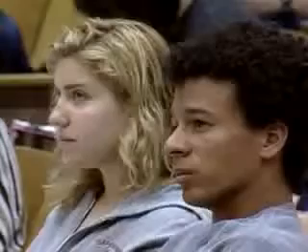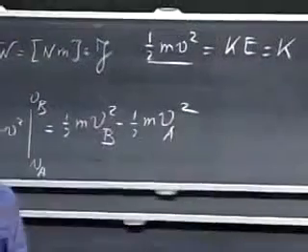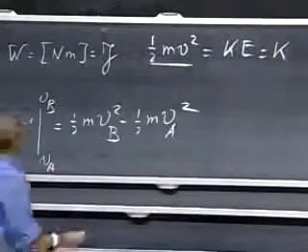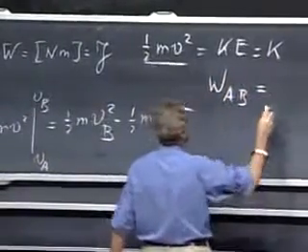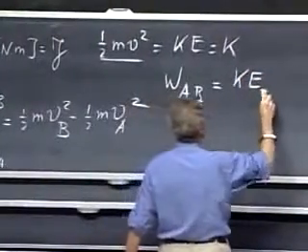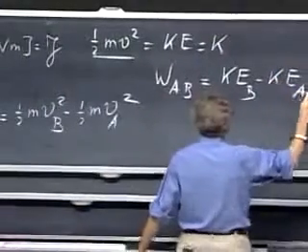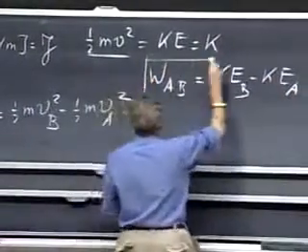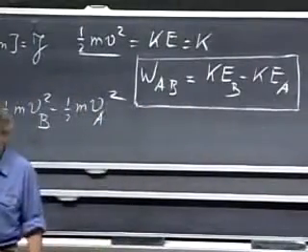Sometimes we write just a K for that. It's the energy of motion. And so the work that is done when a force moves from A to B is the kinetic energy in point B, you see that here, minus the kinetic energy in point A, and this is called the work-energy theorem.